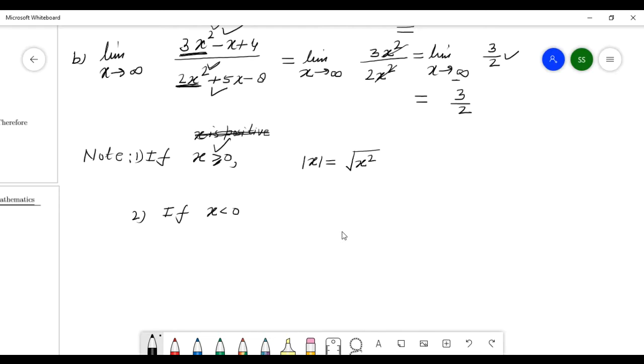But when x is negative, the modulus of x will be minus x, a minus in front of a negative. For x negative, you write modulus of x equals minus x. Right? Remember these 2 rules. Now come to the question.